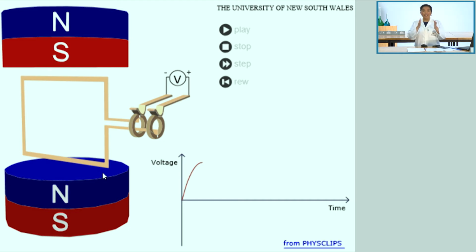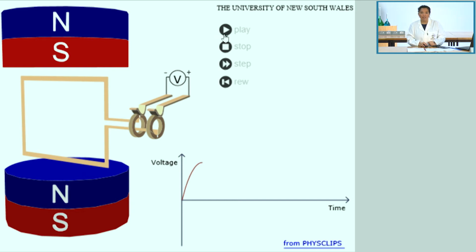In that position, if I look at my graph, I can see that the maximum voltage is reached when the coil is in a vertical position. The coil frame is cutting the magnetic field, and if I take the area of the coil and draw a normal to it, it's perpendicular to the magnetic field. So when the area of the coil is perpendicular to the magnetic field, we will generate a maximum EMF.